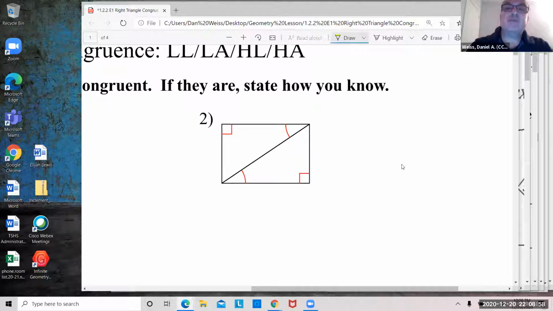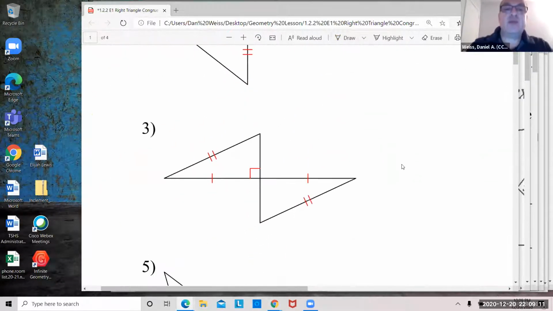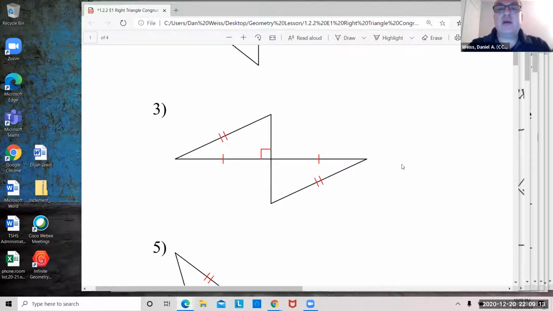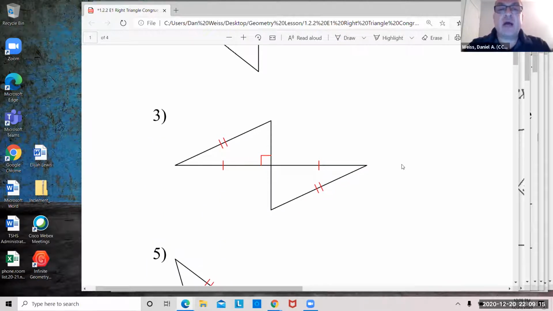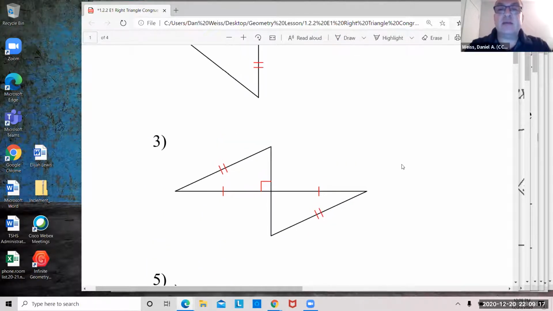Once again, this is part of both triangles, but this is the hypotenuse. And you have an angle, so it's hypotenuse angle, right? How about over here? Over here, you have a hypotenuse and a leg. Hypotenuse and a leg.